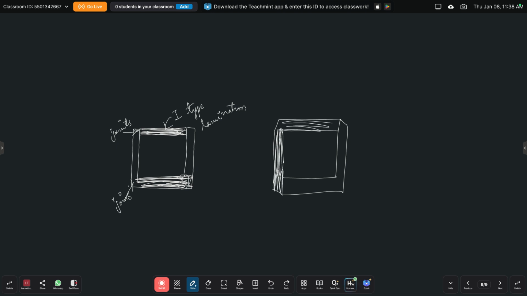This we are going to represent as L type. This is the joints. So these are generally the L-shaped and I-shaped laminations.